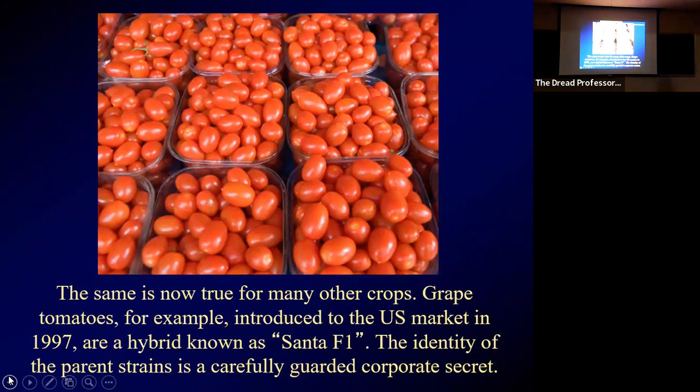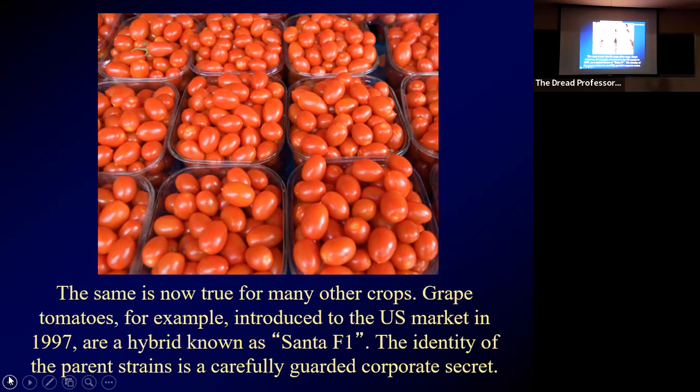They do this with a lot of crops. Grape tomatoes are relatively new. They came on the market around '97, about the time I came here to teach. I don't remember seeing these as a kid. And they're actually a hybrid. In the trade, they're known as Santa F1.